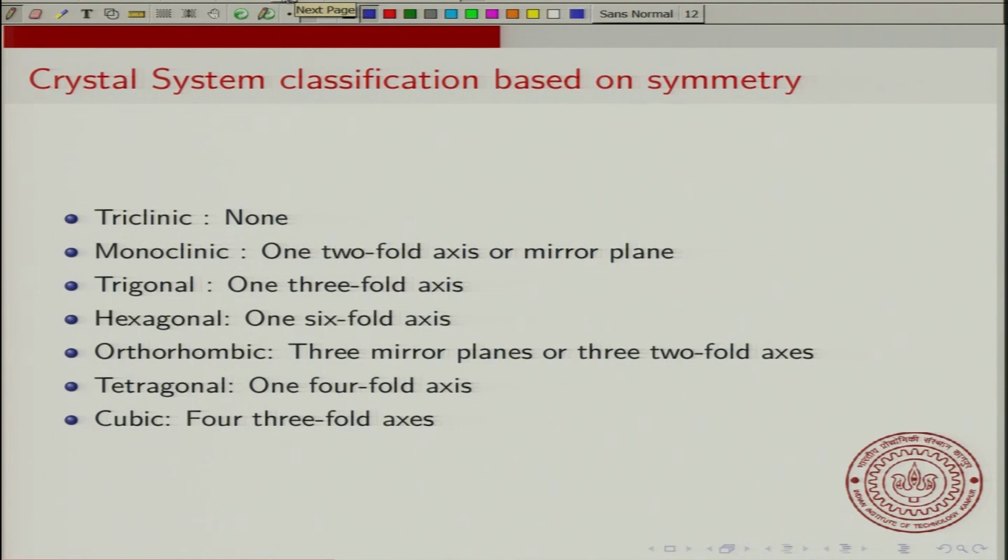So let us get back to the crystal system based on symmetry. We already saw that there are 7 crystal systems: triclinic, monoclinic, trigonal, hexagonal, orthorhombic, tetragonal and cubic, and this is based on symmetry. Triclinic has no essential symmetry, whereas monoclinic has one 2-fold axis or mirror plane, trigonal has one 3-fold axis, hexagonal has a 6-fold axis, orthorhombic, tetragonal, cubic, okay.